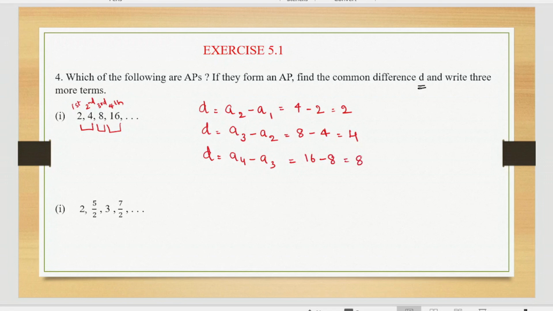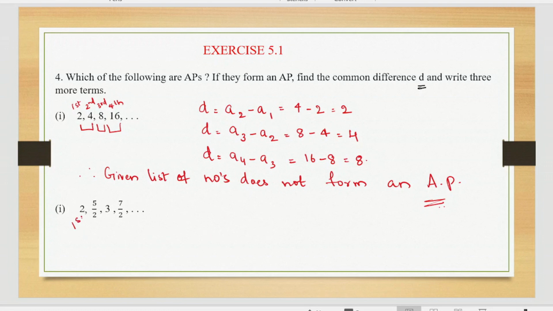You will get 8. So we can see that the common differences are not the same, right? Therefore we can say the given list of numbers does not form an AP. Okay, clear? So let us do the second one.